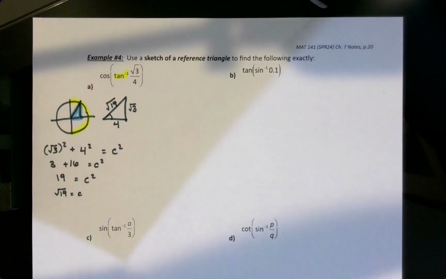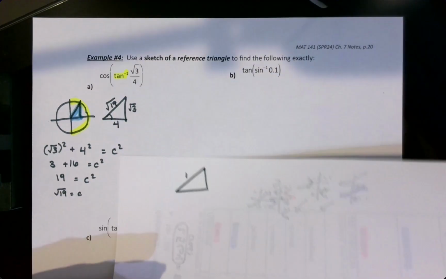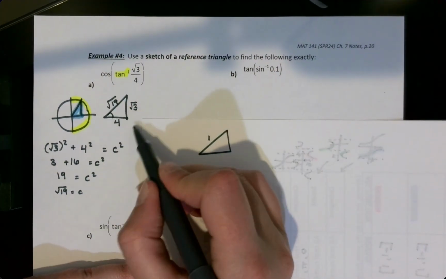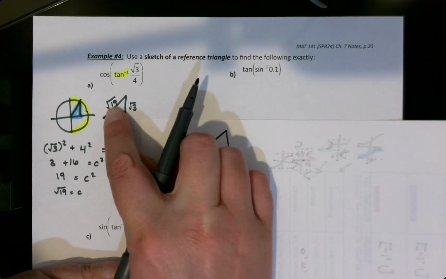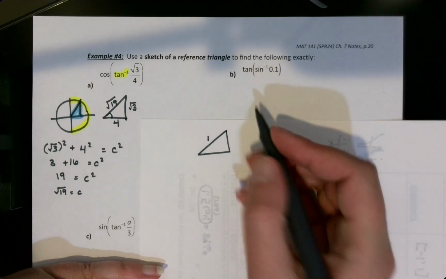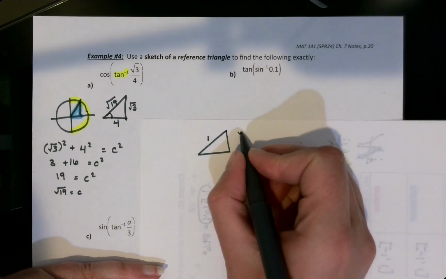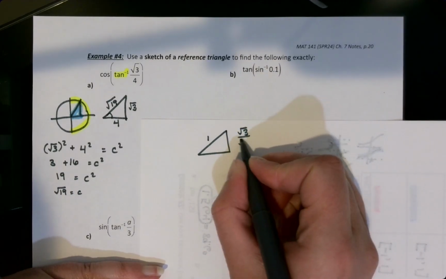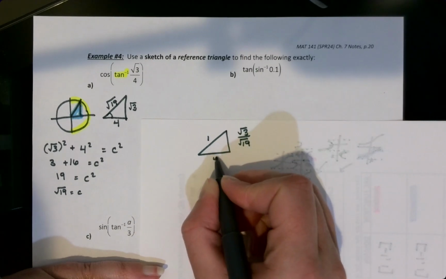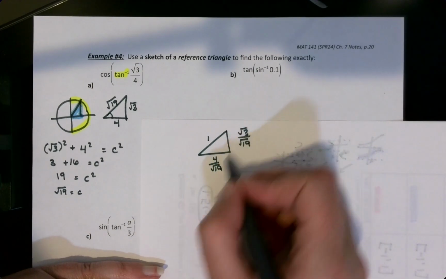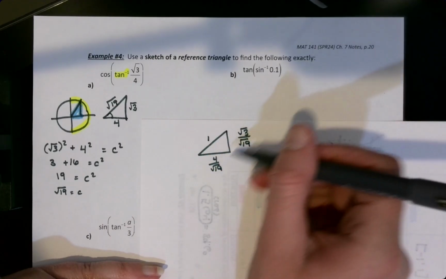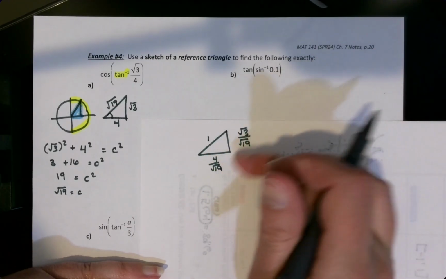If I wanted to draw the triangle as on the unit circle, I would have to divide each of these by square root of 19. I just didn't know what number I would need to divide them by until I solved for it. So this is also square root of 3 over square root of 19 over 4 over square root of 19. But in the tangent ratio, the square root of 19 has already been simplified out when you divide those two things.